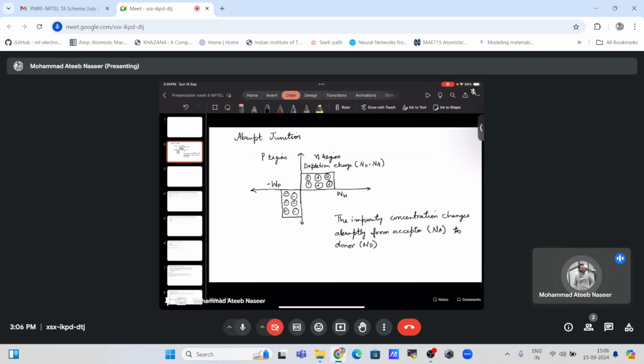So you can clearly see this transition over here, over this interface, that we are having abrupt transition.